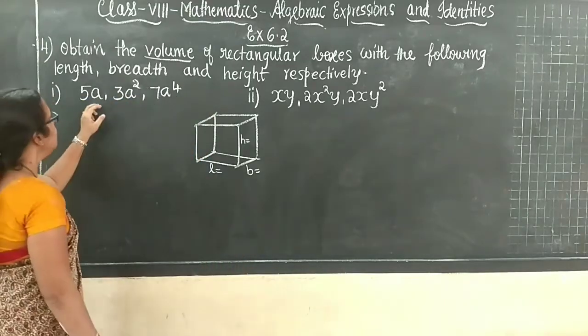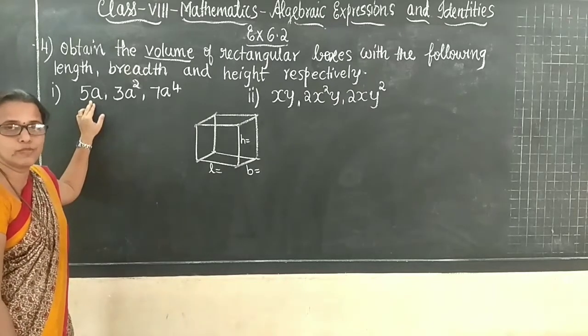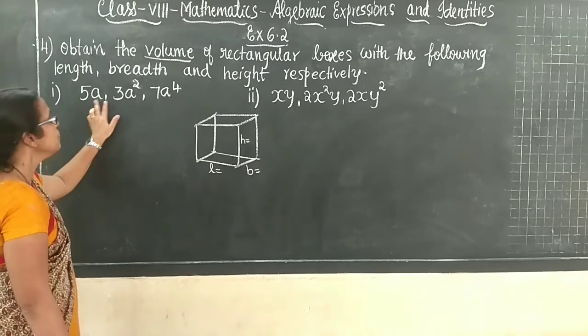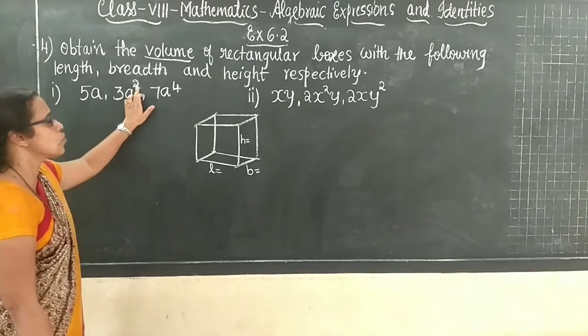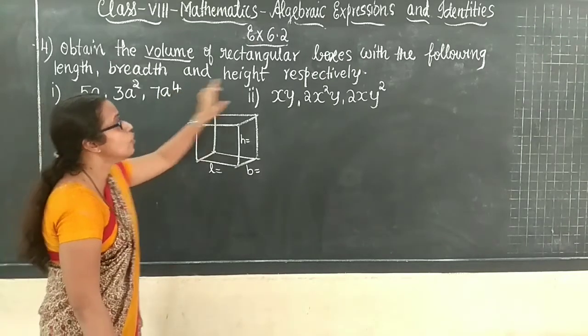Now the length, breadth and height are given in the form of algebraic terms. See here, length is 5a, breadth is 3a square, and height is 7a to the power 4.